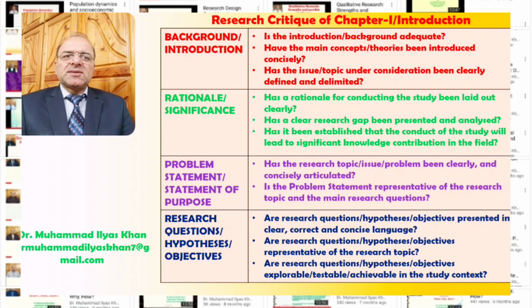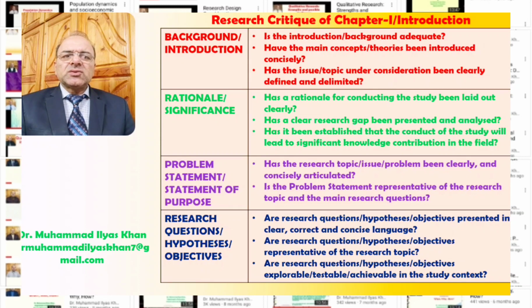In many cases, the problem statement is not clearly, succinctly, and correctly written, and as a result, it does not represent the research topic or the research questions, and so that can be an issue with the research report.